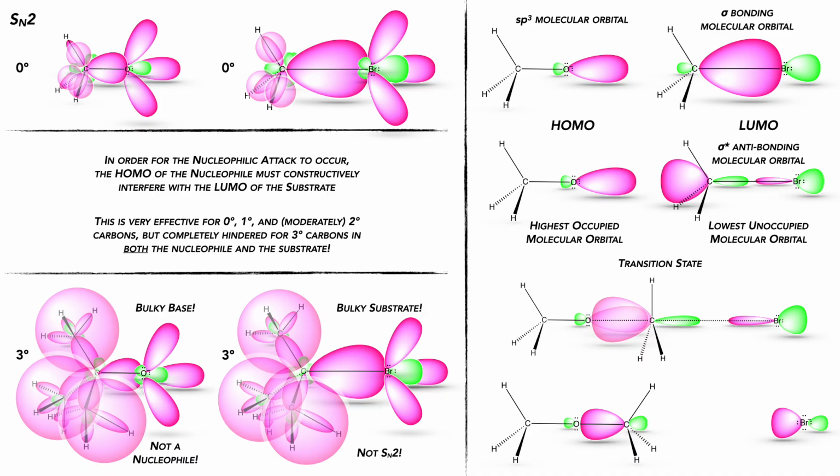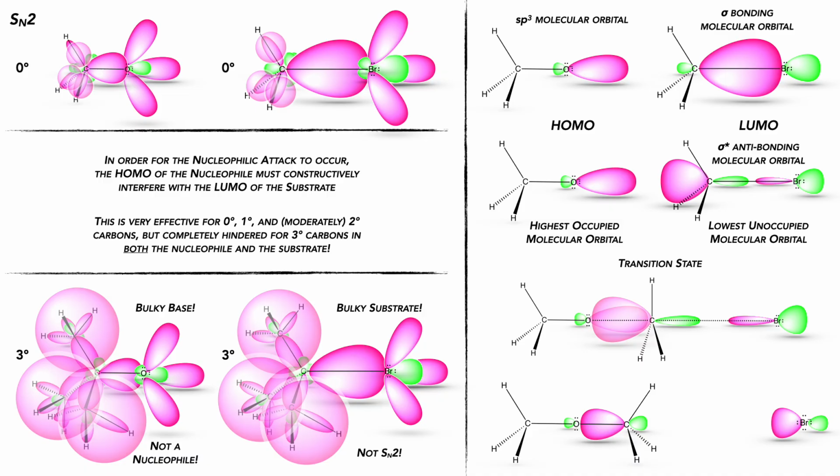And what makes SN2 possible at all is the constructive interference between the HOMO, highest occupied molecular orbital of the nucleophile, and the LUMO, the lowest unoccupied molecular orbital of the substrate, the sigma star anti-bonding orbital of the carbon leaving group bond. This makes a beautiful, almost musical picture of electron flow.